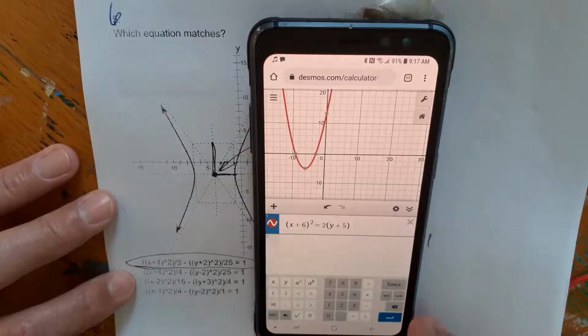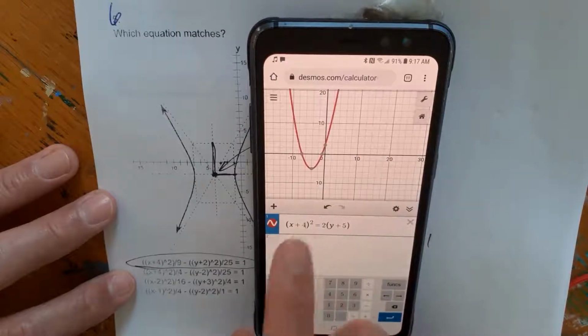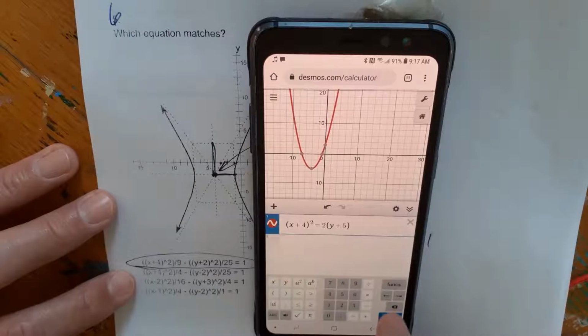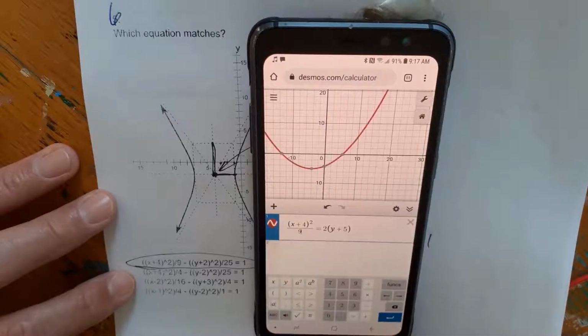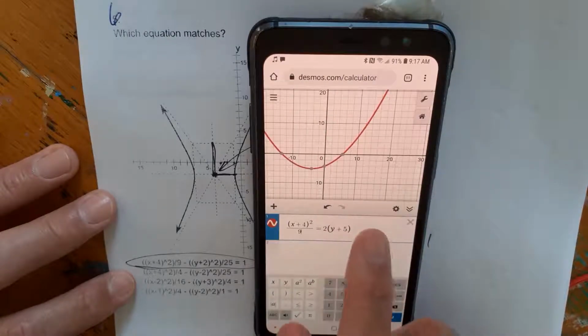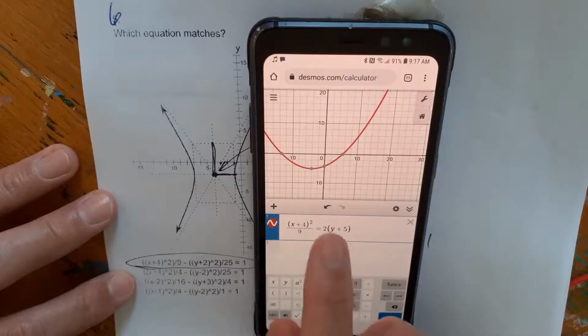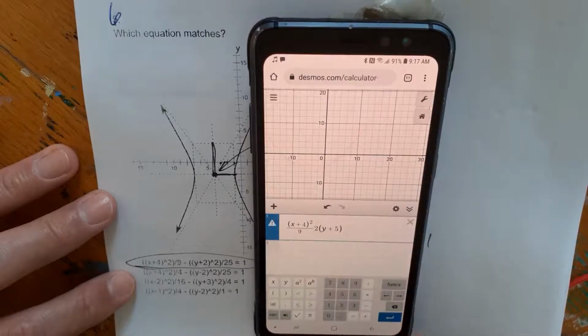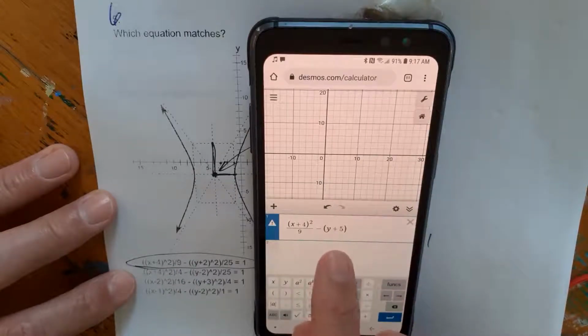We're going to use what I got here and just modify it. x plus 4 squared divided by 9. There we go. Let's make this a minus. Let's get rid of this 2, and we have a y plus 2.